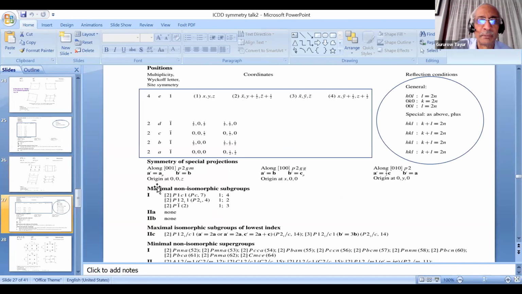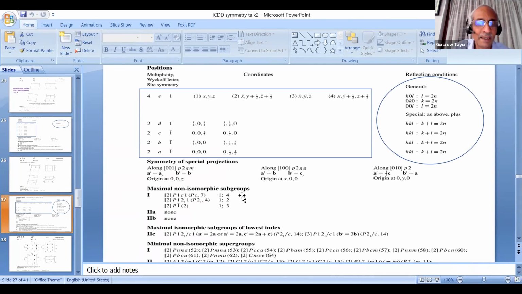That is what is meant by a subgroup. The advantage here is that we may have different kinds of structures going into P21/c, with modulations and so on.